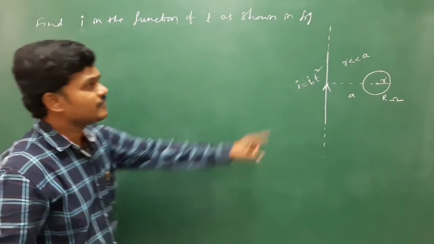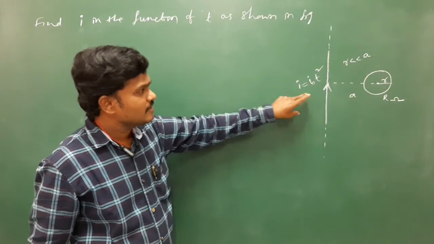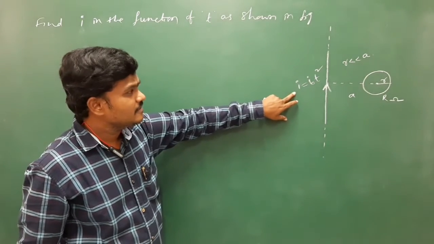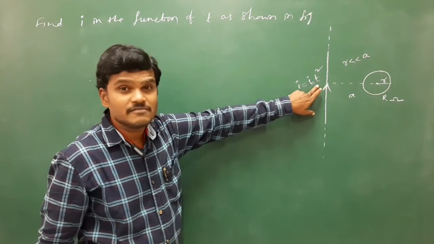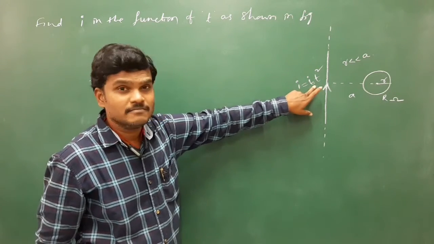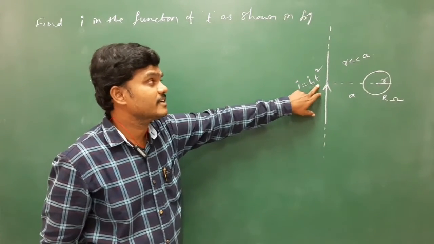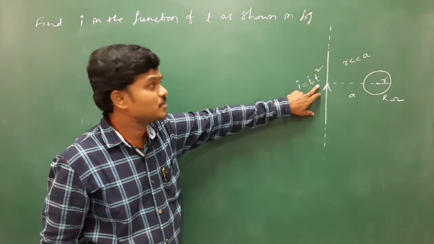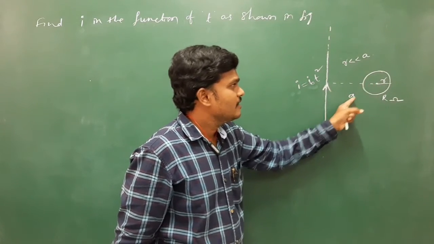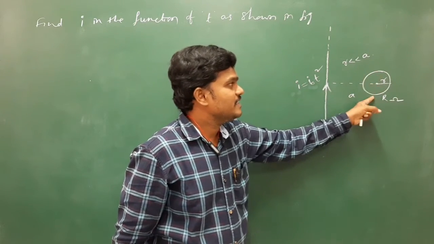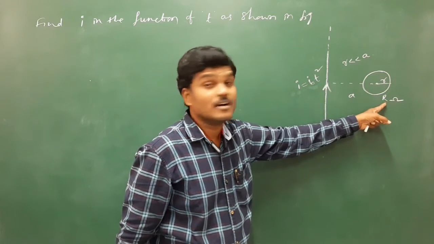In the figure they have given a long straight wire, an infinite straight wire carrying current I, which varies as I naught t square. No doubt this current is increasing with respect to time, and at a distance of a some circular coil is placed whose radius is r, whose resistance is R ohm.